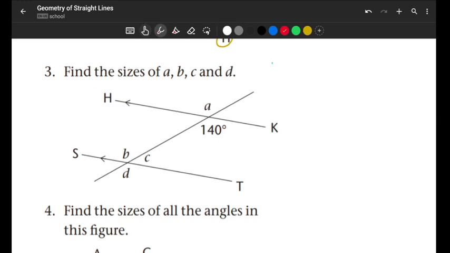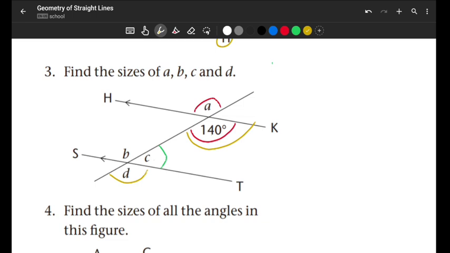So we have 140 here, then we have A here, vertically opposite angles, right? I'm going to try it different ways here. Then we have co-interior angles, the C and 140. Then I have the D and the 140, corresponding angles, right?